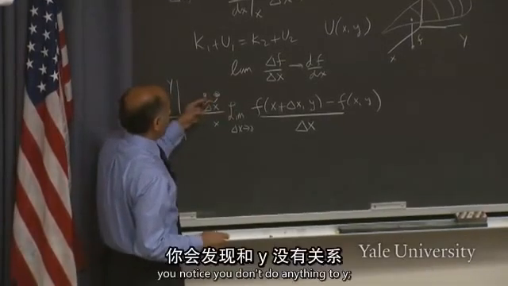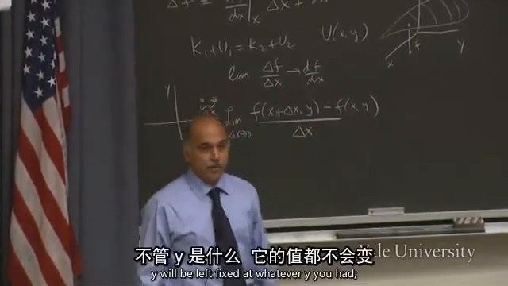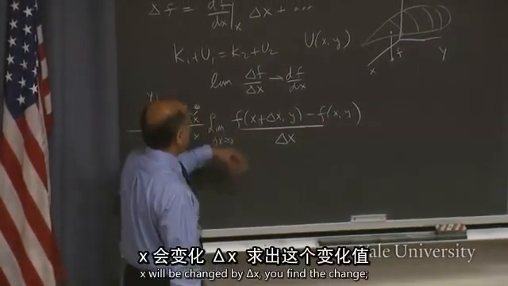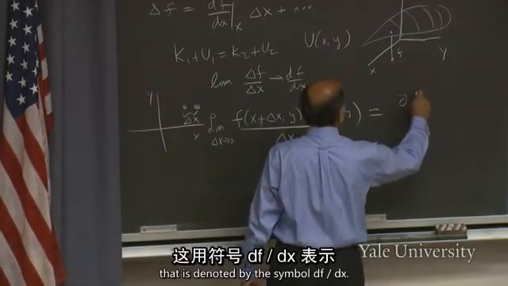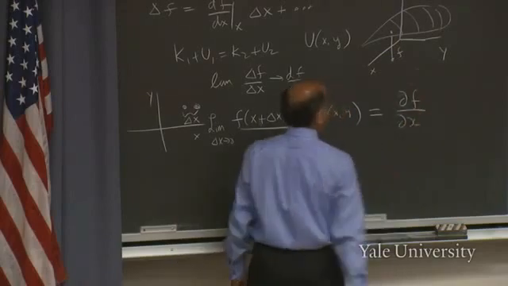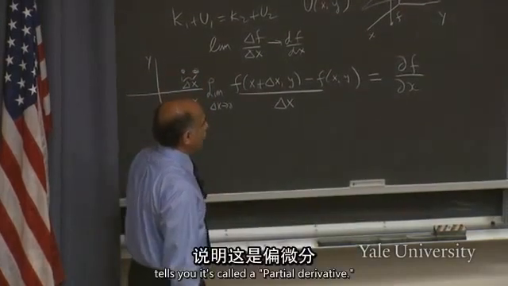As you move horizontally, you don't do anything to y. y will be left fixed at whatever y you had. x will be changed by delta x. You find the change, you divide, and take the limit. That is denoted by the symbol df dx. So this curly d instead of the straight d is to tell you it's called a partial derivative.